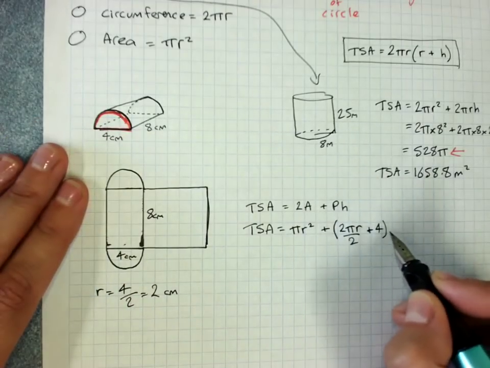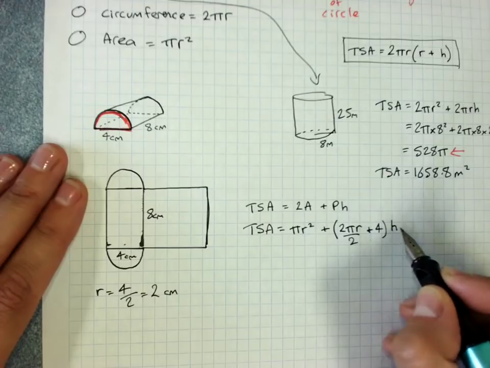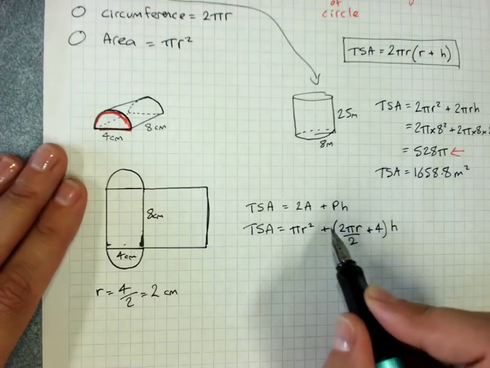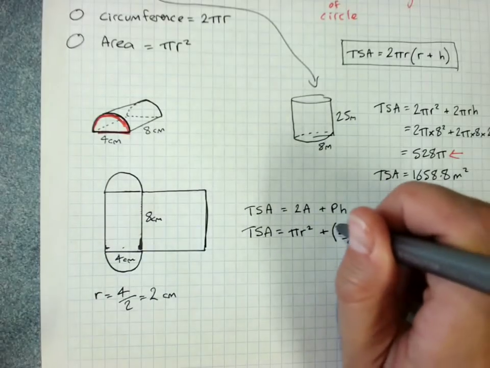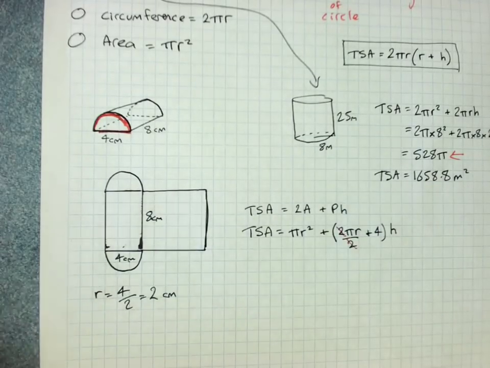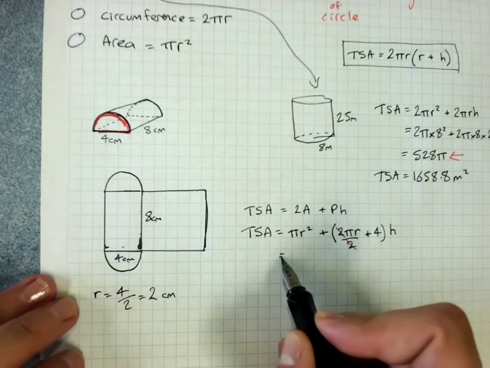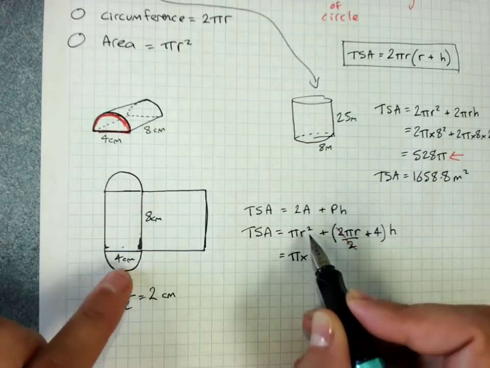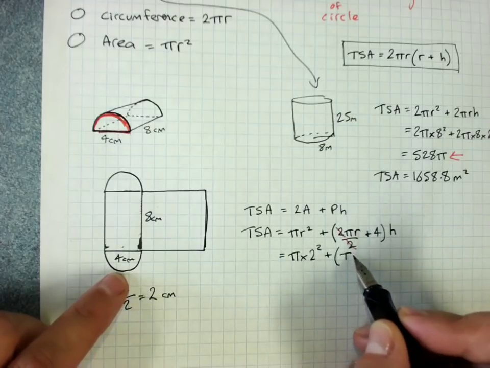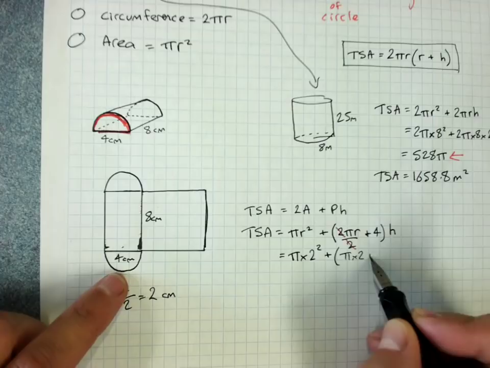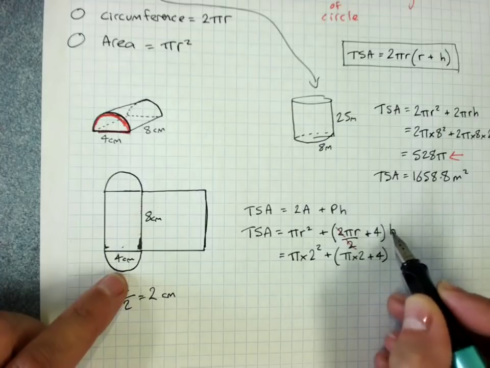That's our perimeter times the height. Now I realize I haven't substituted everything in, we're just trying to simplify out what our formula will be. 2 divided by 2 cancels out, so I'll want pi times the radius of 2 squared plus pi times 2 plus 4 times the height, which is 8.